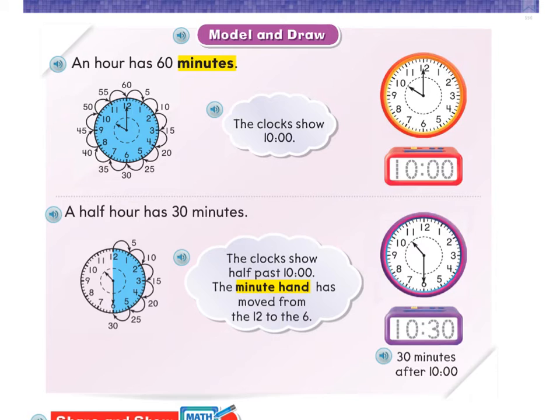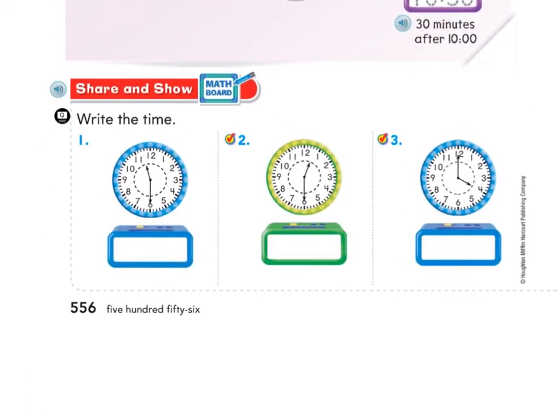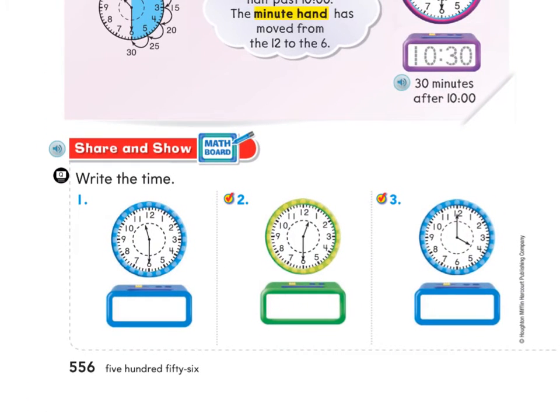Okay? All right. Now let's see if we can do some on our own. So this says, write the time. So you're going to read the clock. You're going to look at the hour hand and the minute hand, and you're going to write the time down here: the hour, colon, and the minutes. You're going to look at this clock and write the hour, colon, and then the minutes.